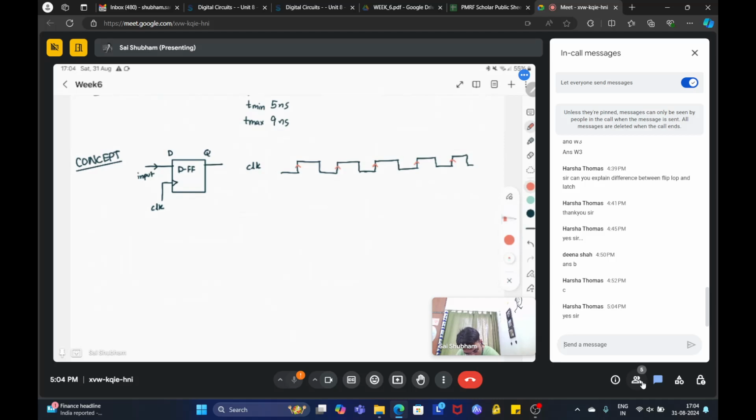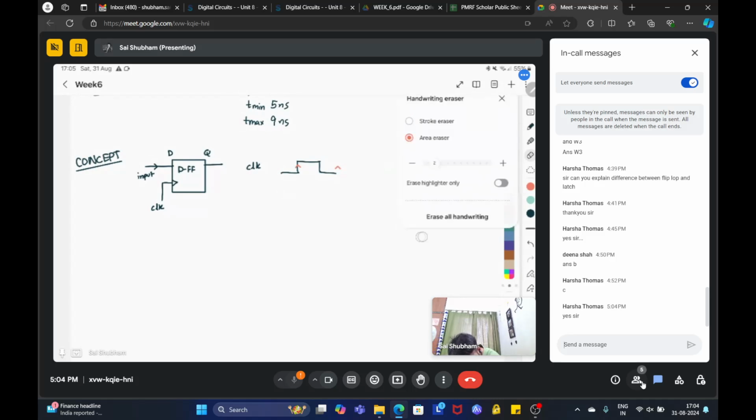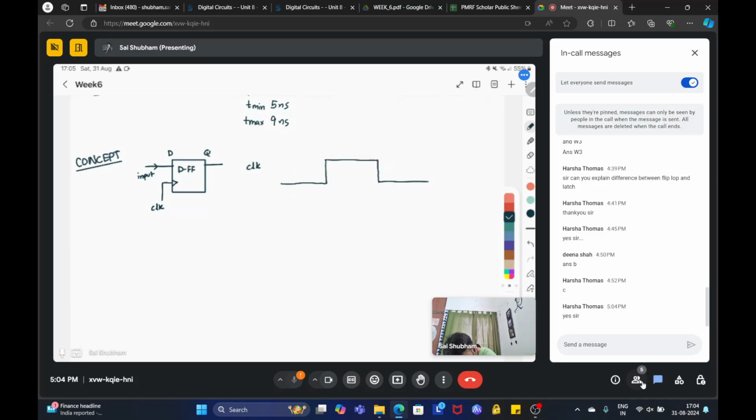Now this is my edge of the flip-flop, because the flip-flop is positive edge triggered, so this is the pulse edge.